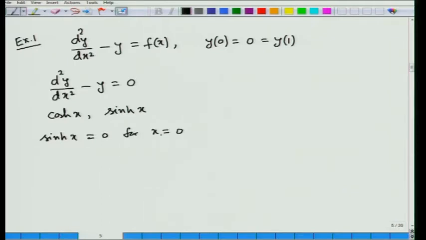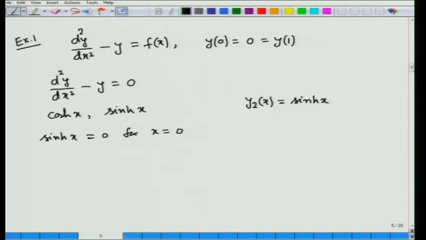So, that means sinh x is a solution of the homogeneous problem and satisfies the boundary condition on the left. So, based upon this fact, we can denote this sinh x as y2(x).